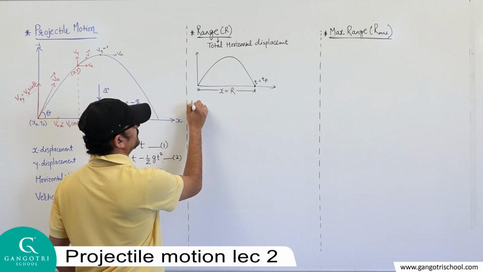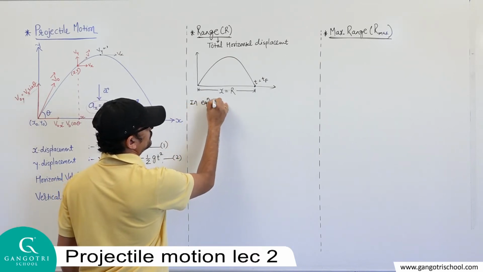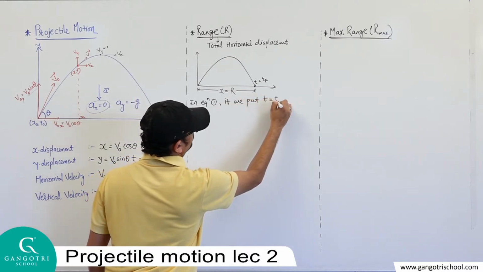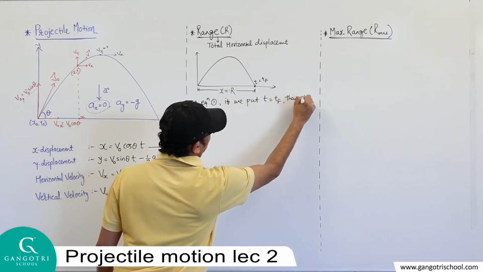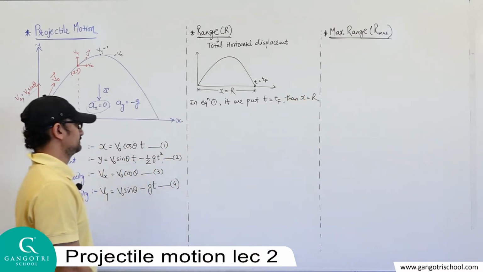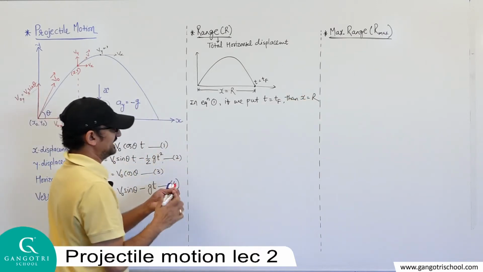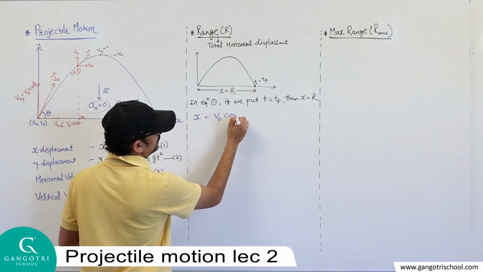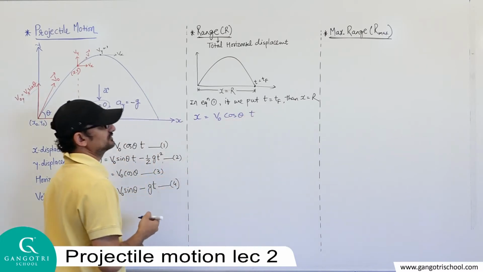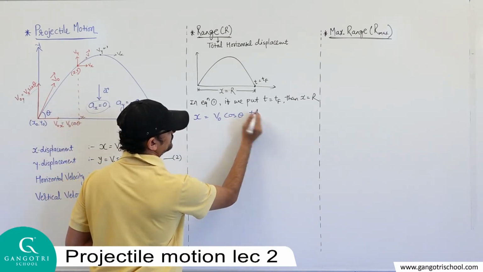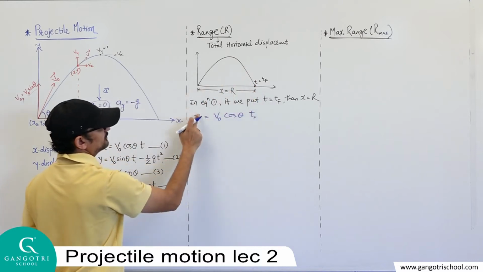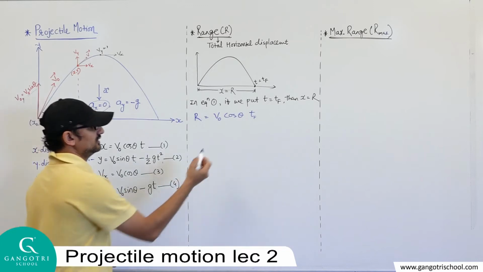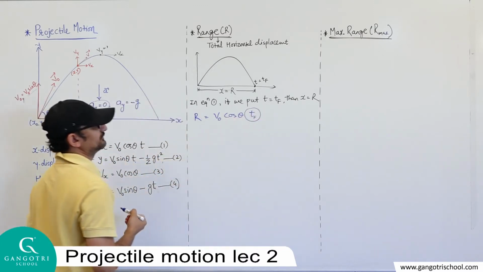So in equation 1, if we put T equals TF, then X will become equal to R. This is the equation of X displacement: X displacement is V0 cos theta into T. But now in this equation, I put T equals TF, motion complete, so X displacement will become equal to R.